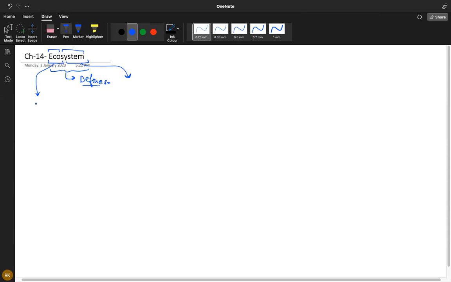Eco and system. So what does the word eco come from? Ecology. Ecology means study of something which is called eco, right? Logy means study. What does the word eco mean?